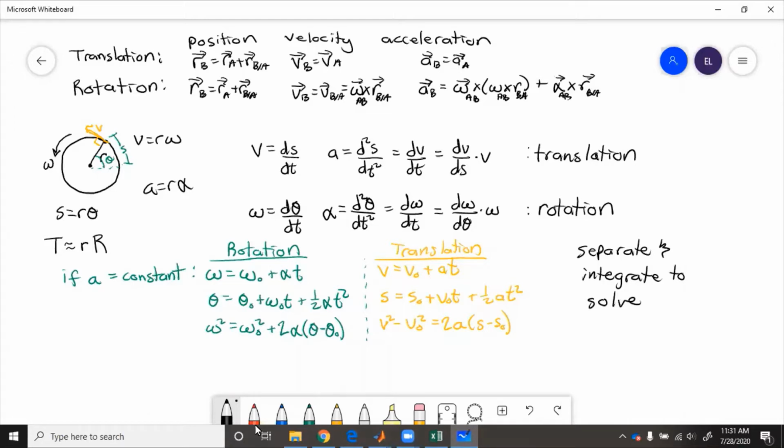Quick example for V equals ds dt, we get ds equals V dt.